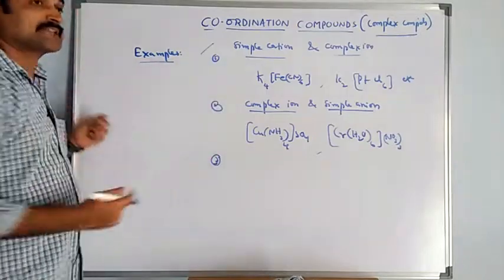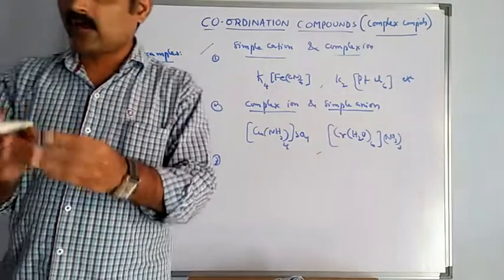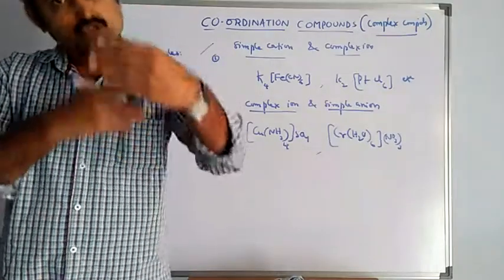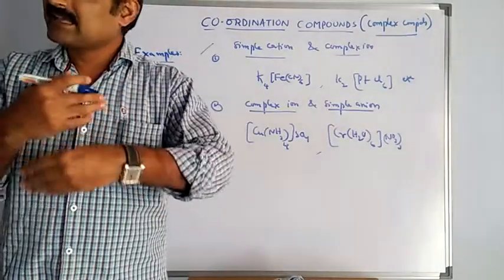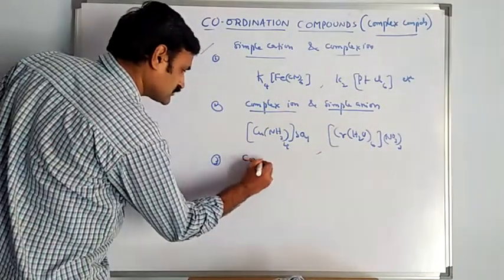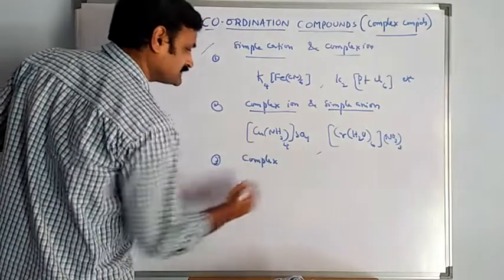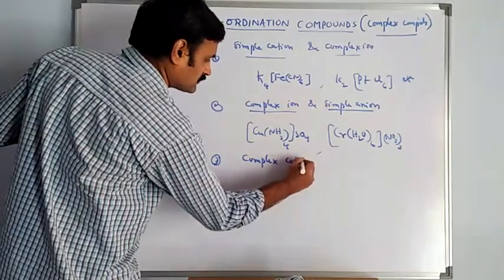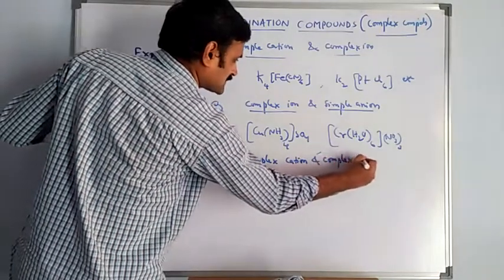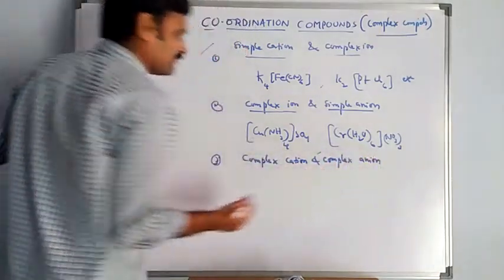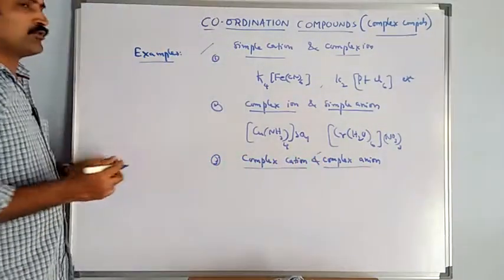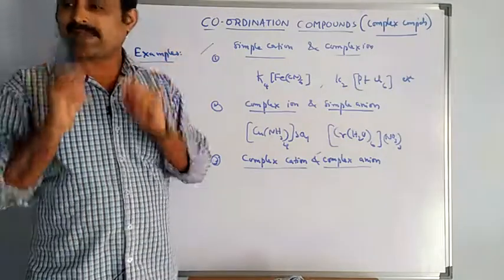Let us say another kind of example we have. First we write the complex cation, next we write the complex anion. So we represent a complex compound, meaning a coordination compound, using two square brackets.